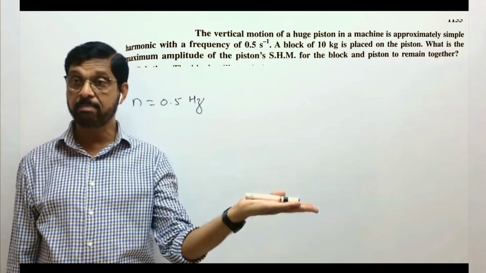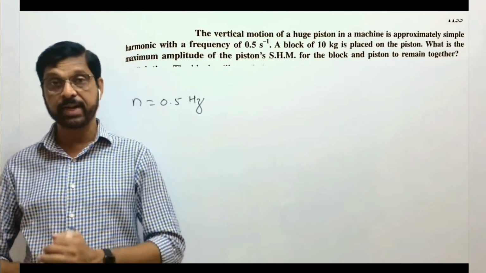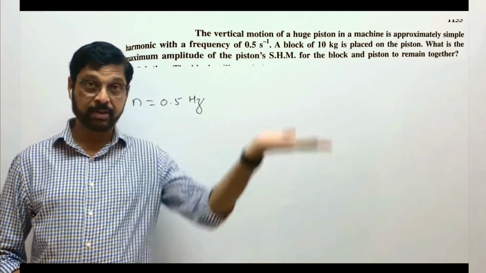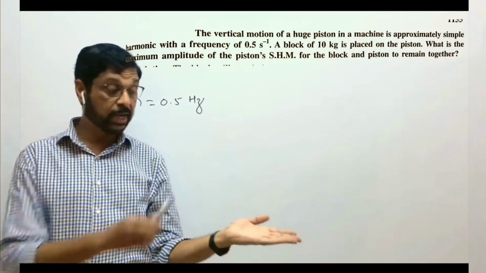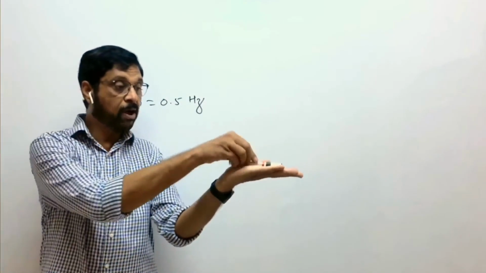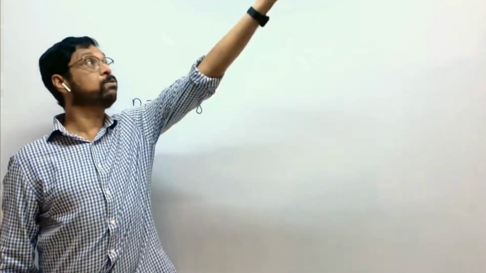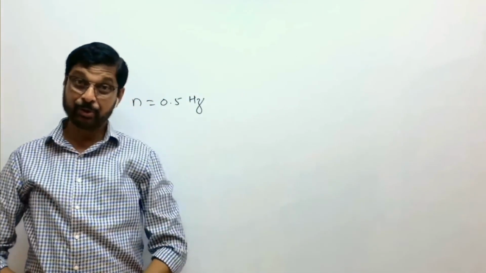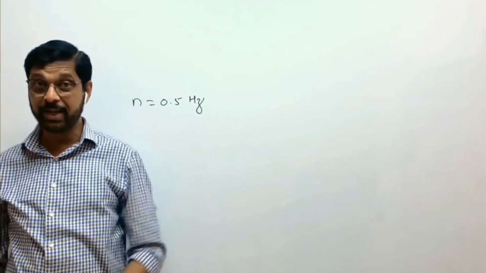What is the maximum amplitude of the piston's SHM for the block and piston to remain together? कितनी ज्यादा से ज्यादा एम्पलीट्यूड होनी चाहिए, ये जो पिस्टन एसएचएम में है, इस एसएचएम की ज्यादा से ज्यादा कितनी एम्पलीट्यूड होनी चाहिए सो दैट द ब्लॉक एंड द पिस्टन दे रिमेन टुगेदर. इसका मतलब क्या है? सपोज द ब्लॉक इज जस्ट केप्ट ऑन द पिस्टन एंड द पिस्टन इज मूविंग अप एंड डाउन. अगर इसकी एम्पलीट्यूड ज्यादा हो गई, if the amplitude is more, the block will leave the piston. So the question is, how much should be the maximum amplitude so that the block doesn't leave the piston?